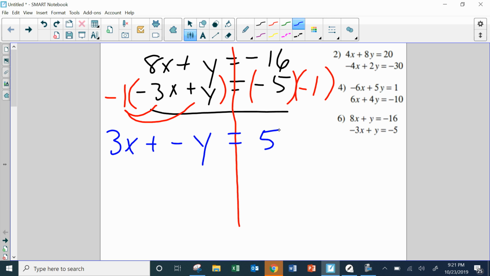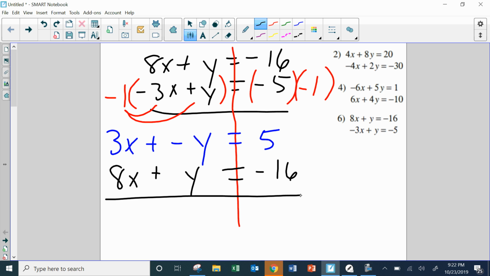Well, now I can combine this new equation. I'm going to rewrite the very top equation. So 8x, it doesn't matter which one's on top and which one's on the bottom, still the same equations, equals negative 16. So now I can combine these two and one of my variables will cancel out. The y will cancel out.